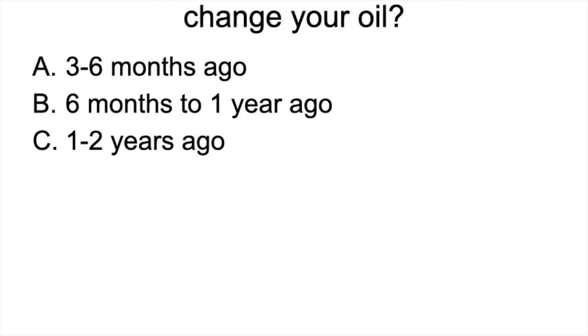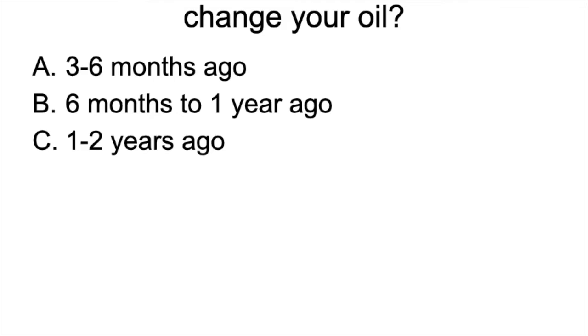So here's an example of a question that looks kind of typical, and on the surface it might seem okay. It's looking at auto servicing: when did you last rotate your tires and change your oil? A, 3 to 6 months ago, B, 6 months to a year ago, or C, 1 to 2 years ago. There are some real problems here.